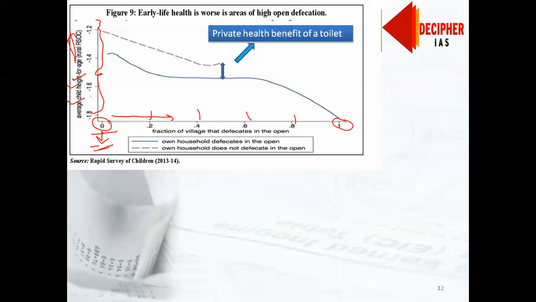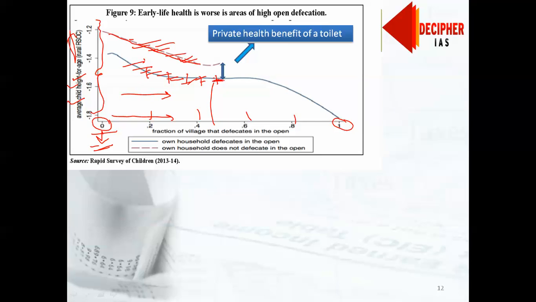So, what does it show? It shows that the red dotted line is the people who use their own private toilets. What do we see? We have much lesser stunting as compared to the blue line where people defecate in the open. As we move ahead, more and more people defecate in the open. Here, 50% of the people defecate in the open.